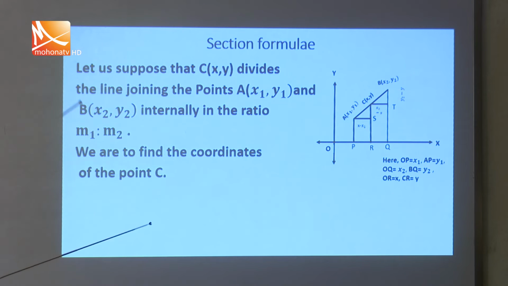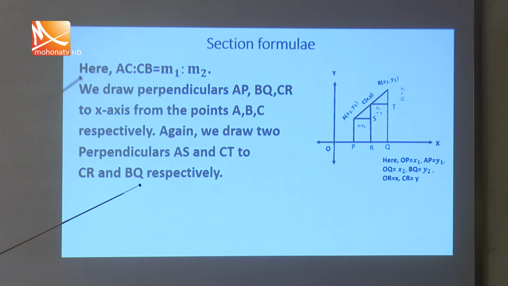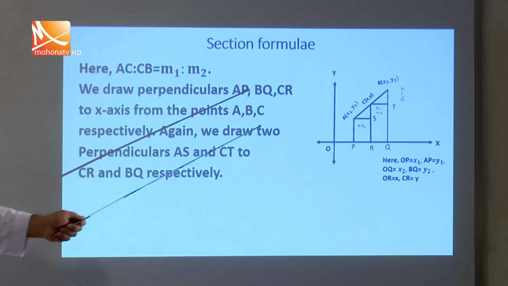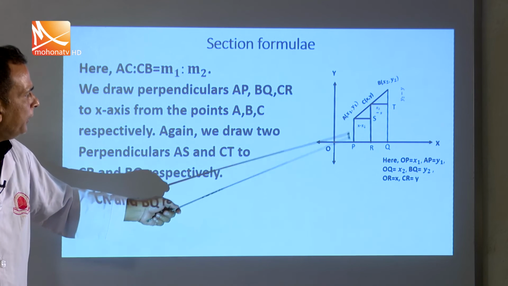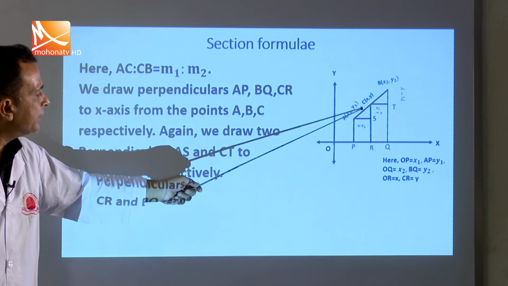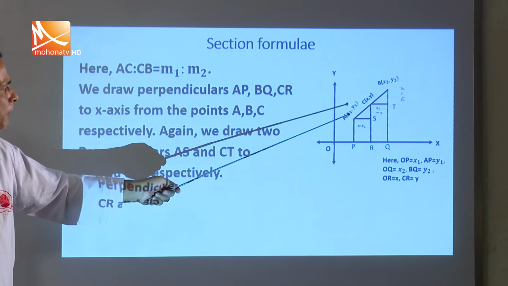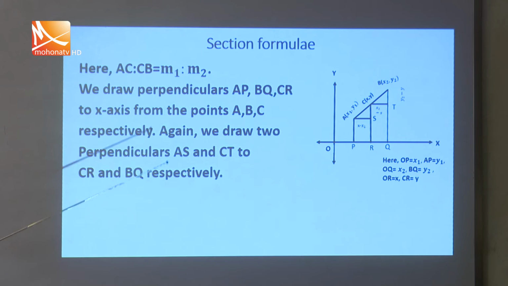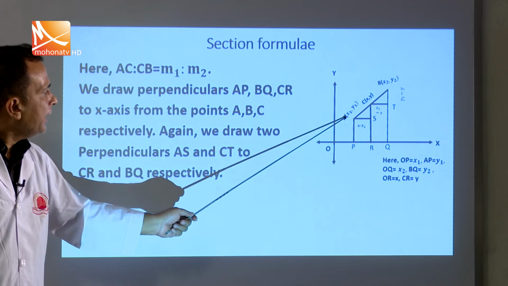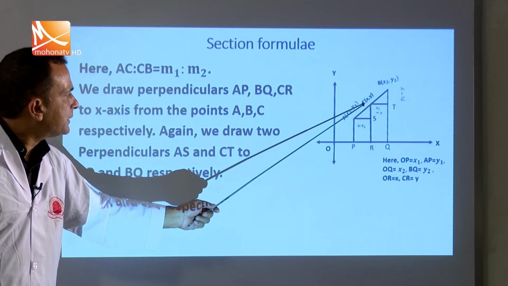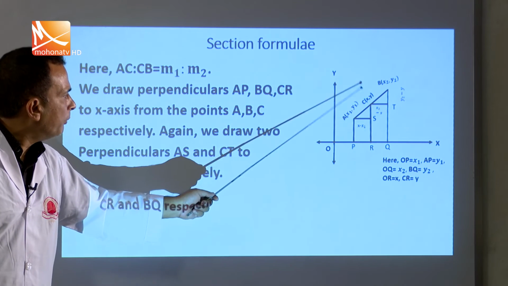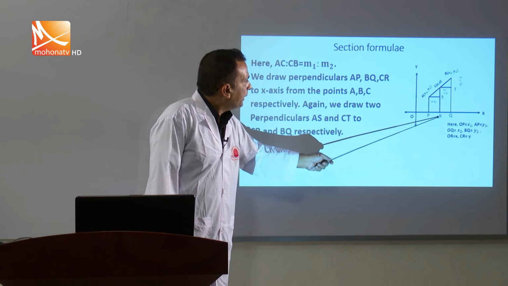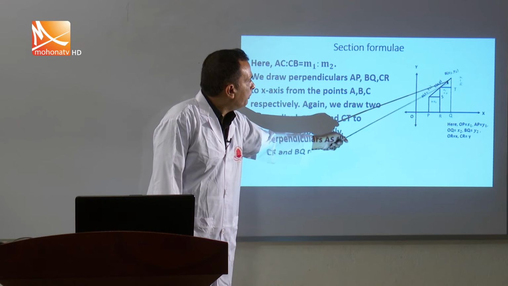Okay. Then we draw three perpendiculars AP, BQ and CR from A, B, C on OX respectively. Then another two perpendiculars AS and CT have been drawn on CR and BQ.